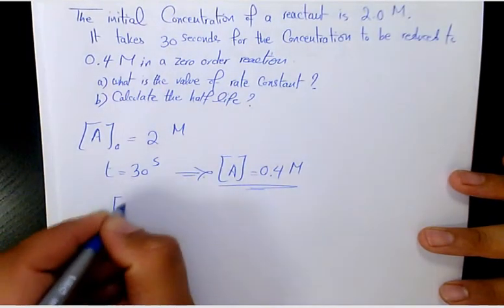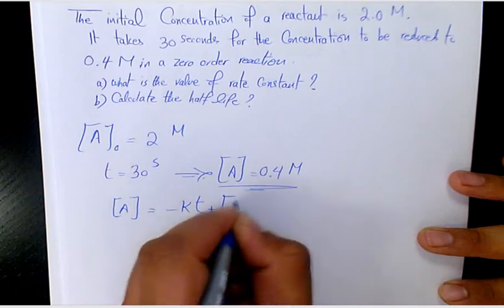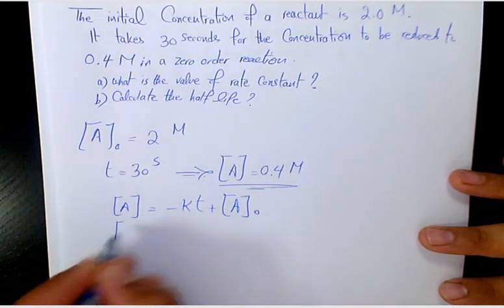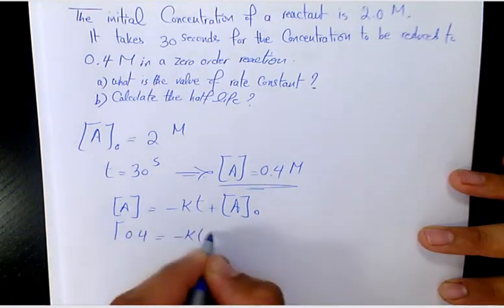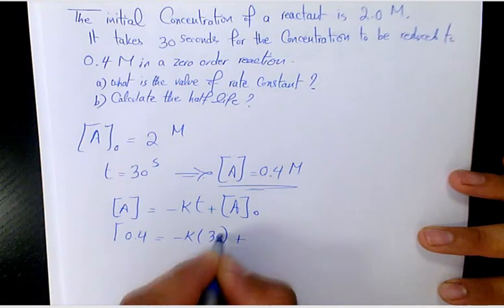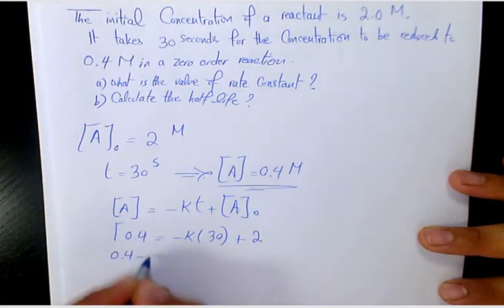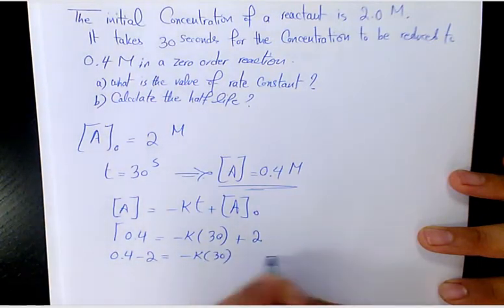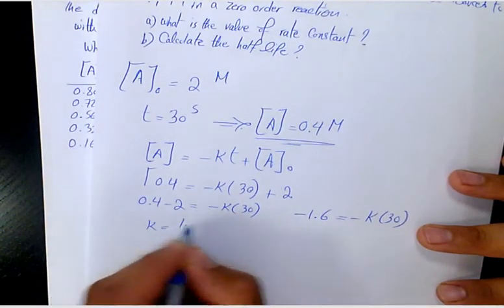So we can say A equals negative kT plus A naught. That's what we have for all zero order reactions. So this one is 0.4, negative K, 30 seconds, and here we have 2. So moving over, 0.4 minus 2 equals negative K times 30. That's going to be negative 1.6 equals negative K times 30. So K is 1.6 divided by 30.